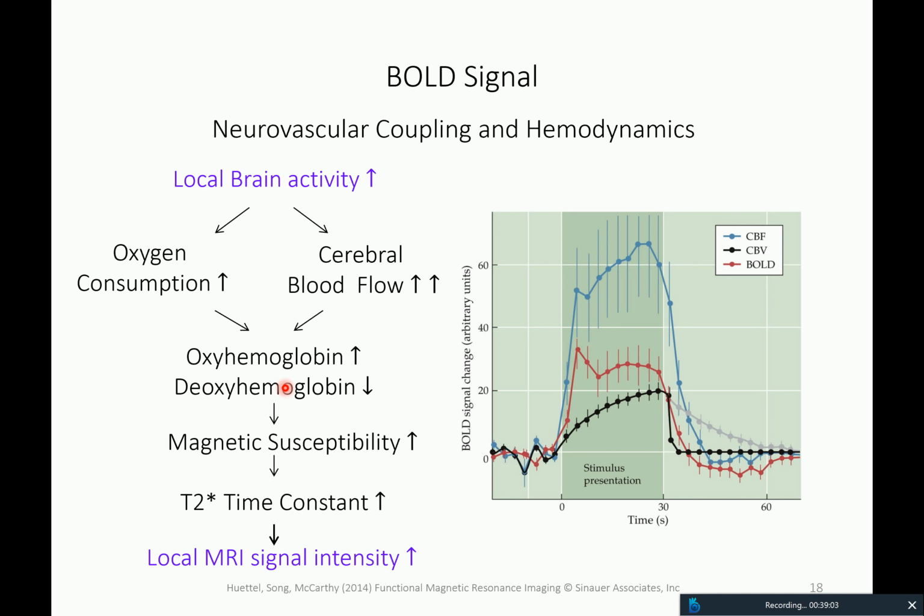But actually there's an overcompensation in terms of the cerebral blood flow. This leads to an increase in the magnetic susceptibility of this area, leading to an increase of a time constant in MR imaging, and this then leads to an increase in the MRI signal intensity.